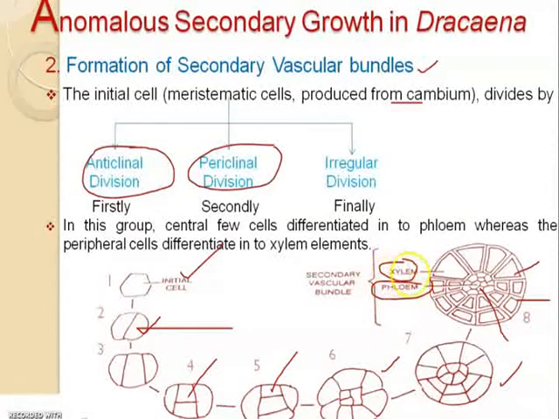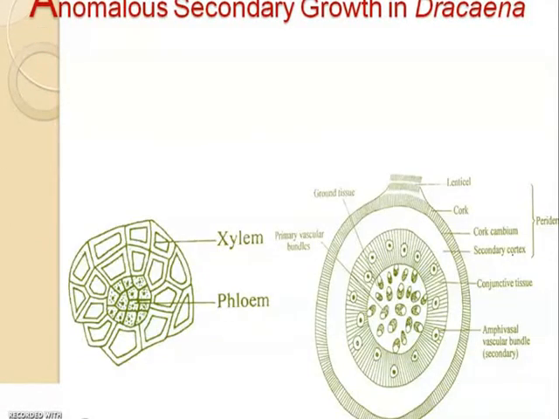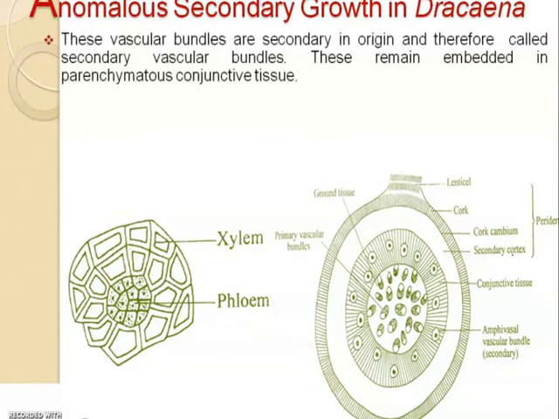Therefore, these cells form the secondary vascular bundle, a concentric type of vascular bundle in which the center is occupied by phloem and the periphery is occupied by xylem. These vascular bundles are secondary in origin, therefore called secondary vascular bundles.